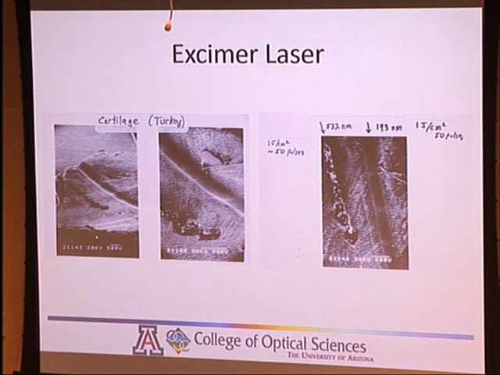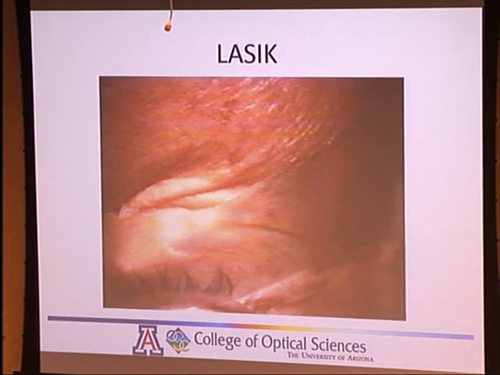Each pulse of this laser removes about 1/4 micron of material in depth. And so it gives you a very precise and smooth way of removing biological tissue without causing collateral damage to the tissue around it. This laser is used for LASIK surgery here.